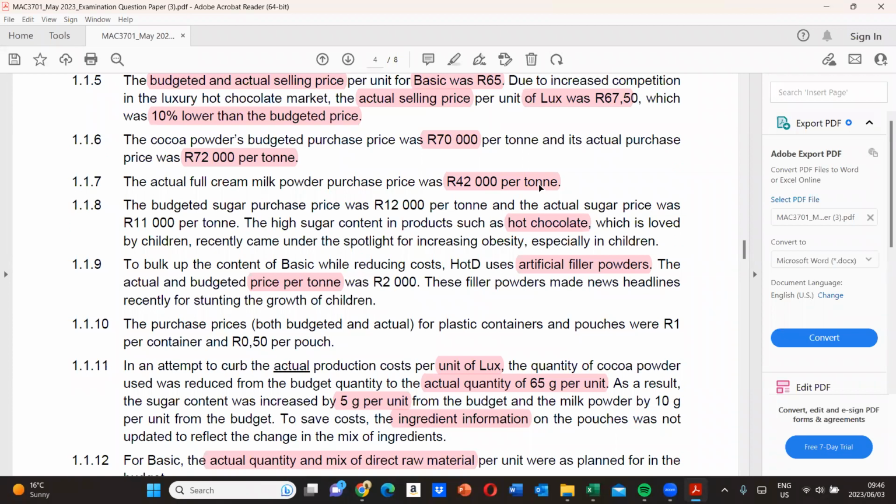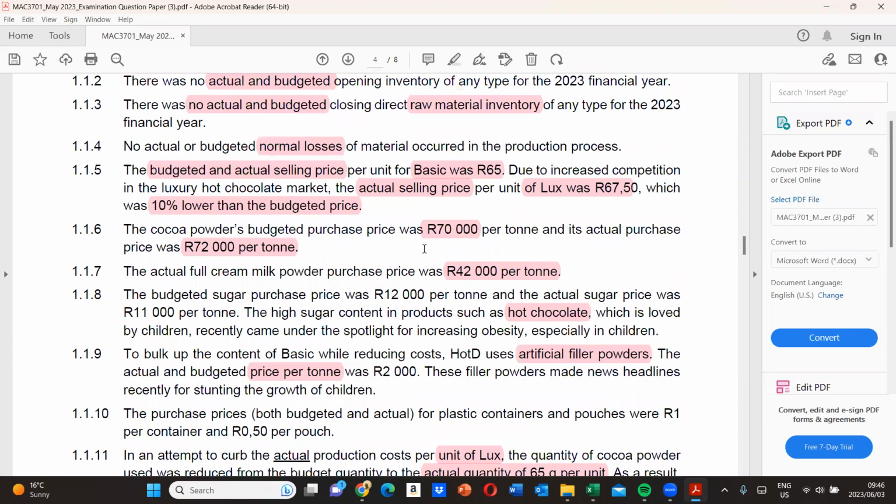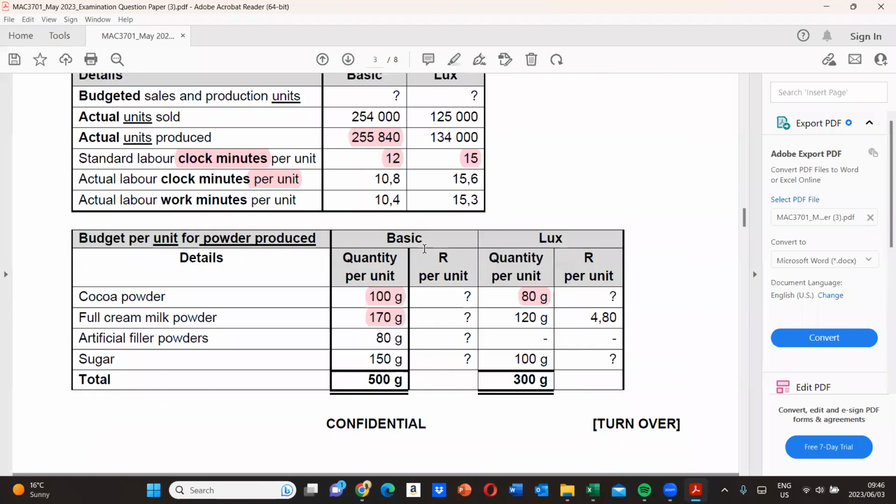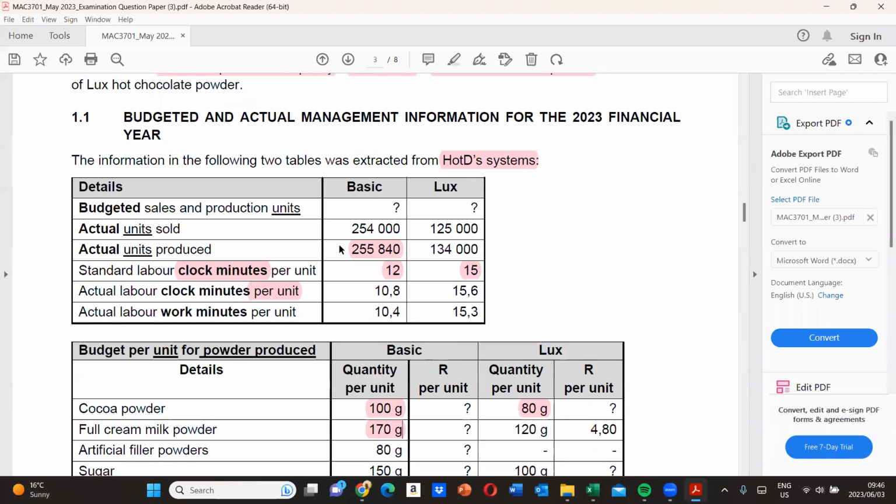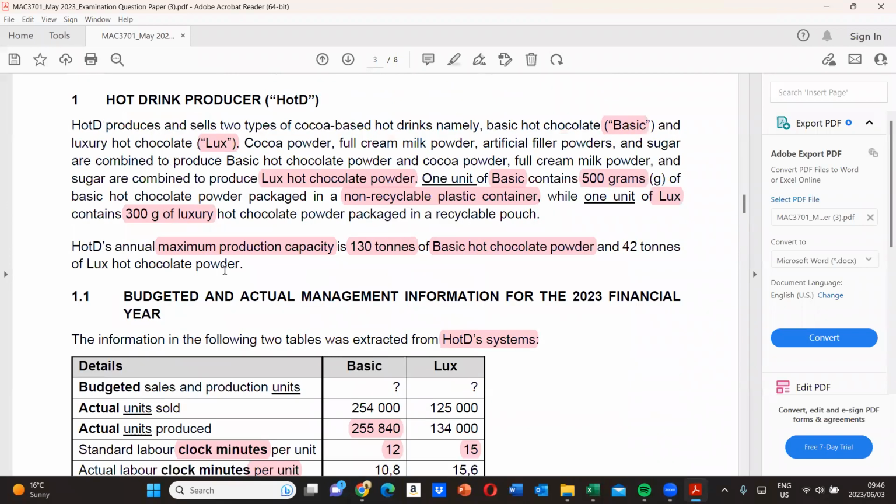But we don't want the actual, remember, we need the budgeted. Let's see, they give us the price somewhere.